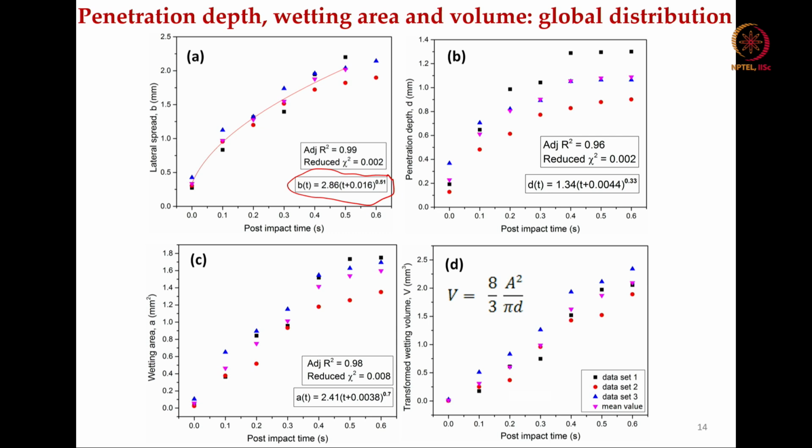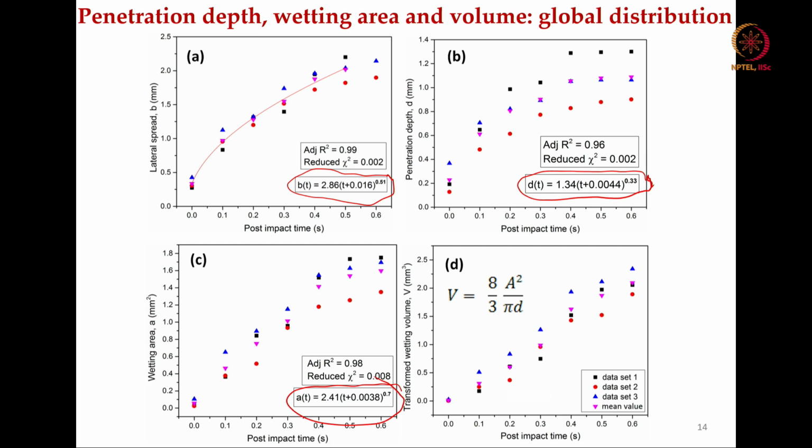Penetration depth with respect to post impact time is again non-linear, because when we fitted this data, we got the function d(t) equal to 1.34 multiplied by (t plus 0.0044) to the power 0.33. Wetting area is less non-linear, with the exponent: (t plus 0.0038) to the power 0.7.